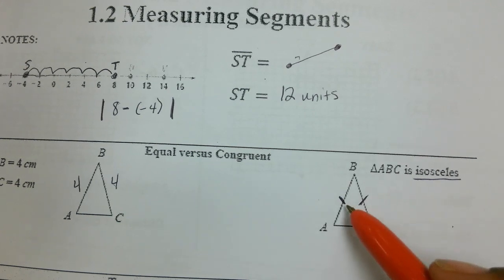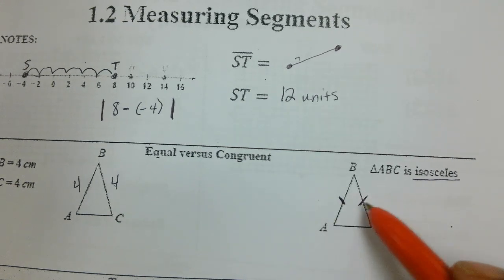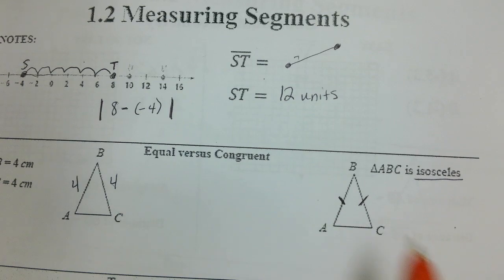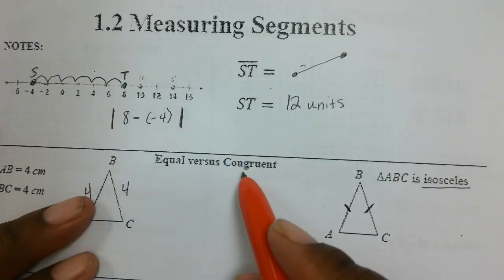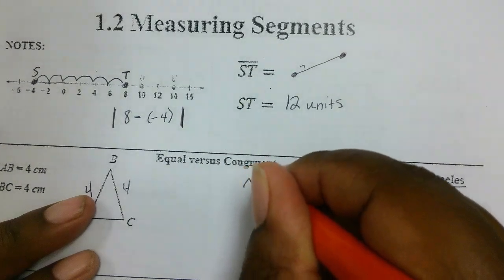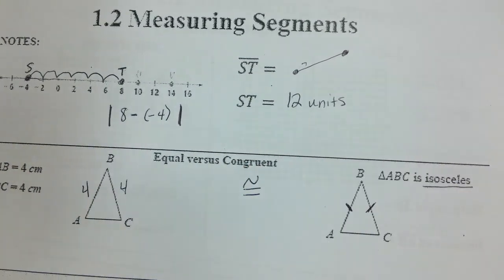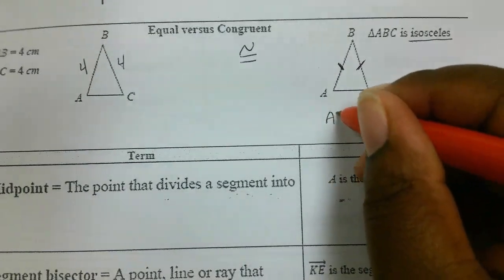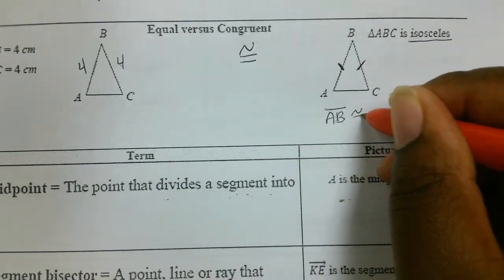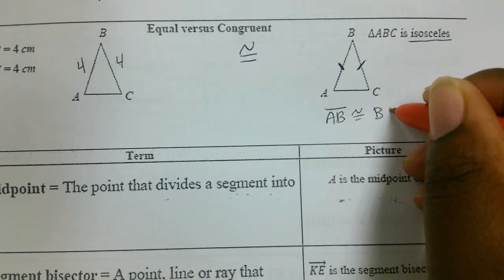So when you have markings on your sides or segments or whatever like this, that means that they are congruent. We also should know the symbol for congruent. This is my symbol for congruent. Okay? So I could say segment AB is congruent to segment BC.